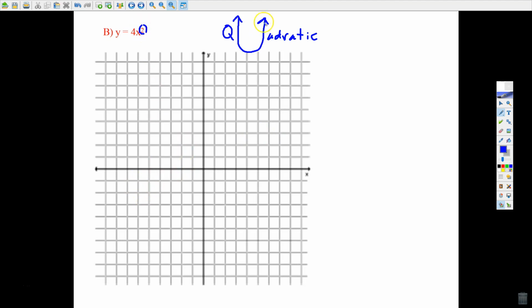They either produce U-shapes opening upward or upside down U's, opening downward. But literally the word quadratic means, in case you're wondering, squared. So anytime you see x squared, or whatever variable, something squared in your function, then it's got to be a quadratic, and it's got to produce this U shape, either upright or upside down.